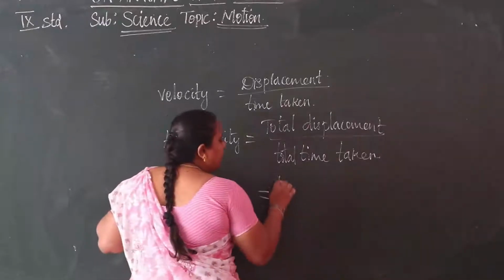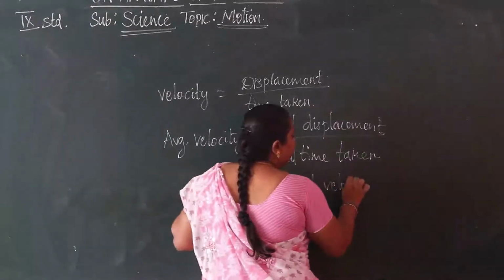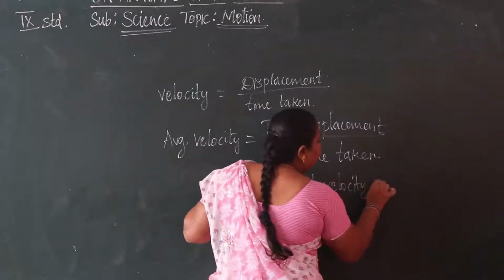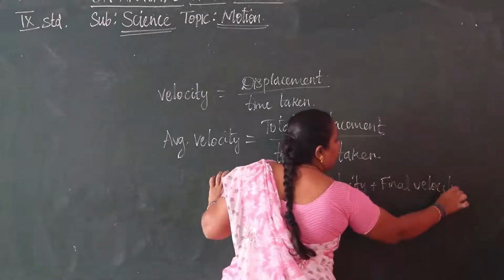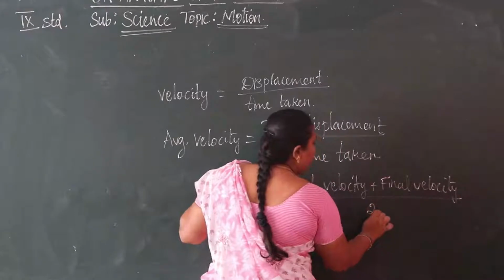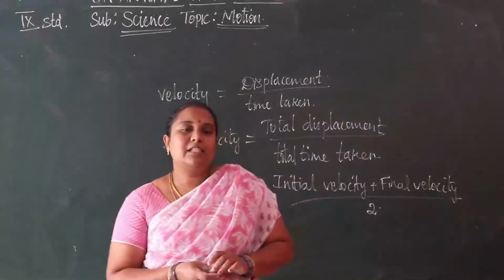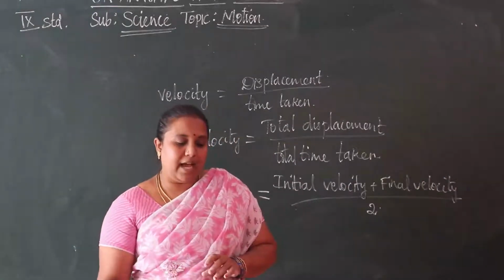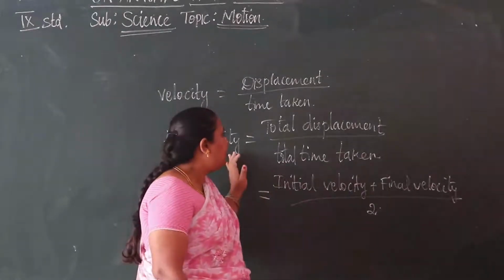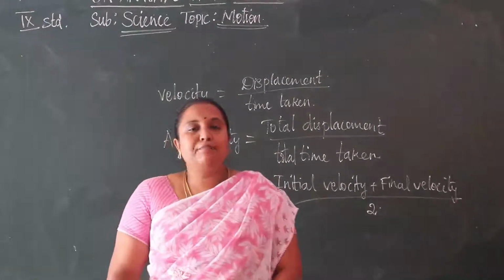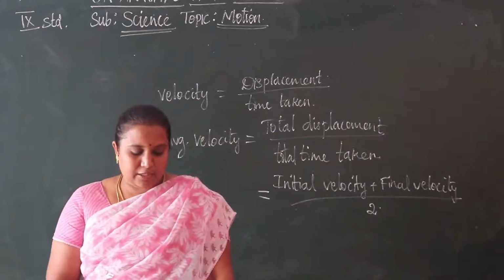So average velocity equals initial velocity plus final velocity, divided by 2. Here u is the initial velocity and v is the final velocity. So how do we find the average velocity? Initial velocity plus final velocity by 2. We are taking the average for that.